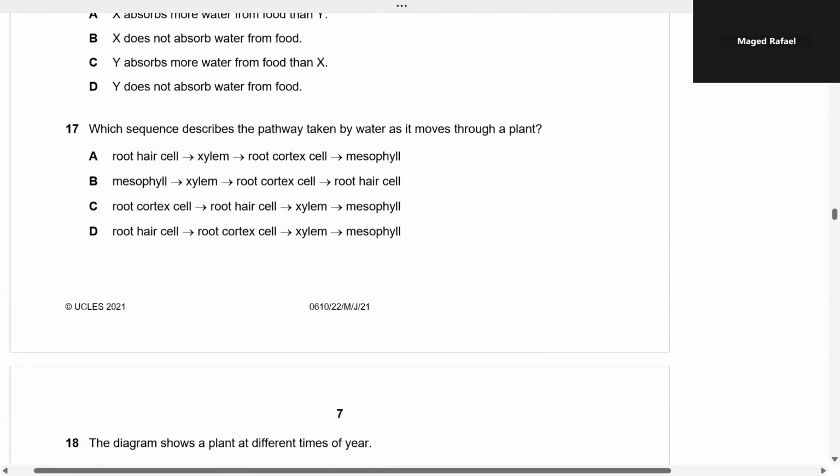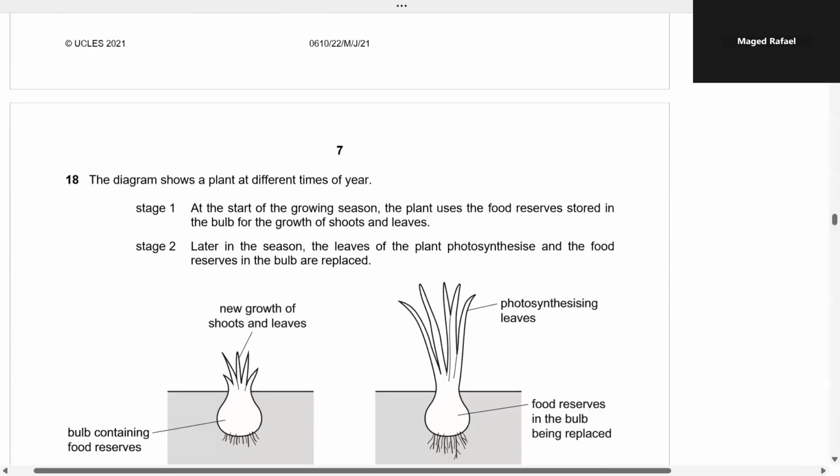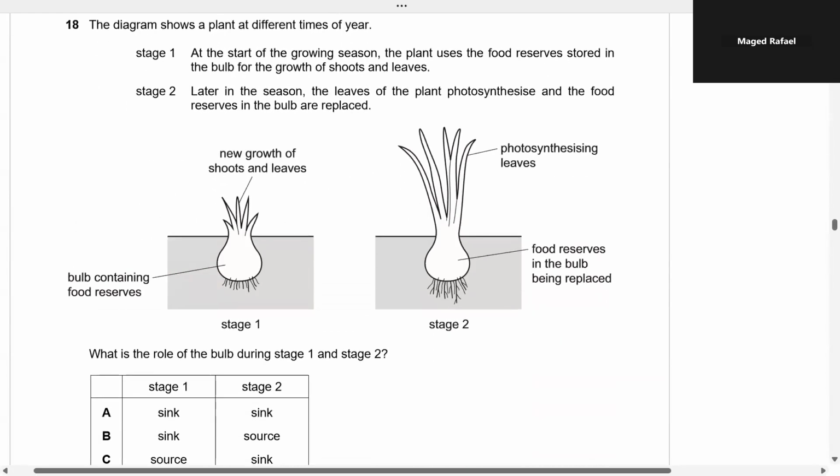Which sequence describes the pathway taken by water as it moves through a plant? The movement of water through the plant happens from the root hair cell first, then, so we are in between C or D, then cortex, then xylem, and finally it will reach the mesophyll layer. Question 18.